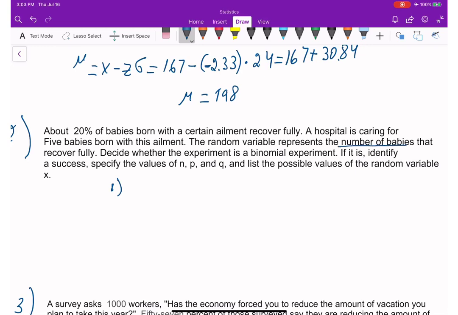It can be 7, 8, it can be 10, we don't know, but it's a fixed number, right? And they are independent. What happened to one baby has nothing to do with another baby. So it's a fixed number of trials, and the trials are independent.